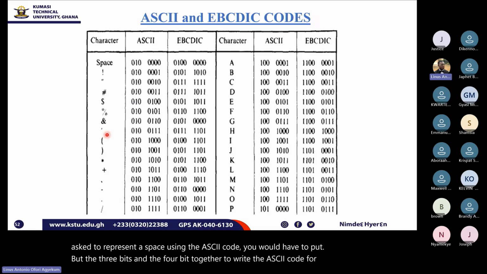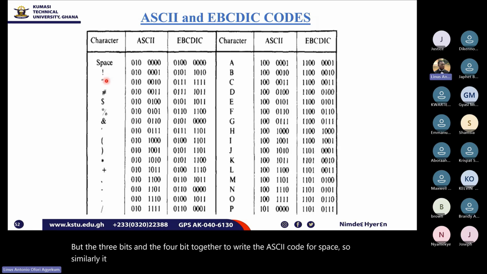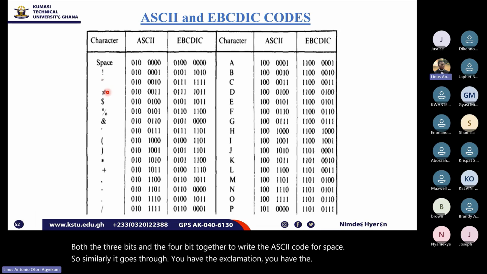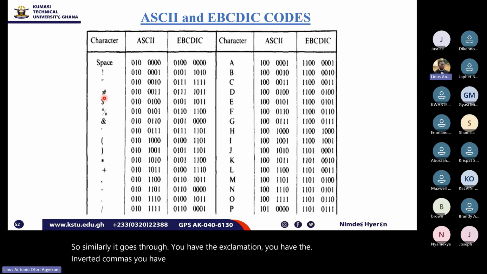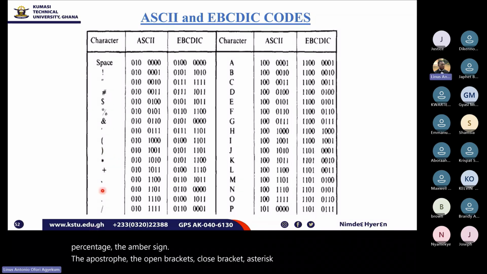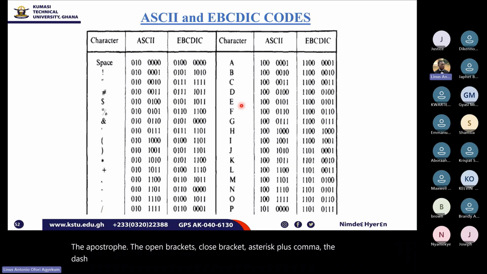So similarly, it goes through, you have the exclamation, you have the inverted commas, you have the hash, you have the $ sign, you have the percentage, the ampersand, the apostrophe, the open bracket, close bracket, asterisk, plus, comma, the dash, the full stop, the forward slash, and then from A to Z as well.